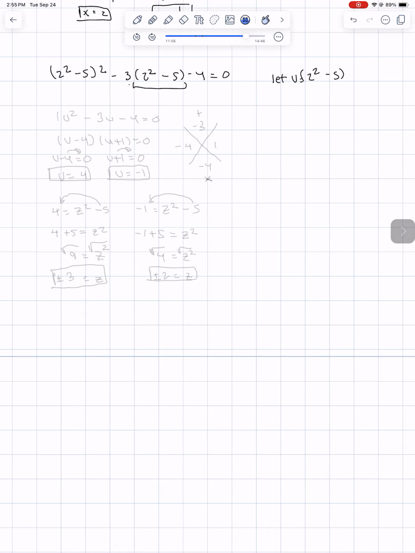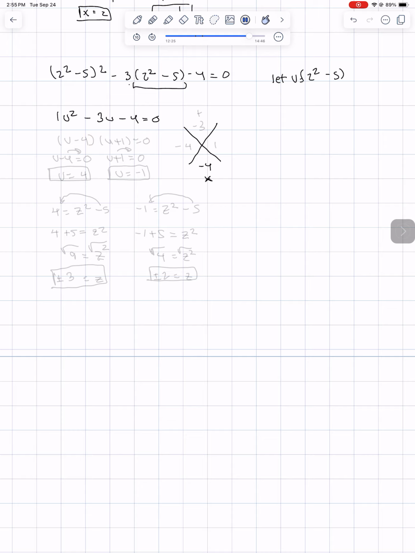Now I'm going to do my u substitution. So it'd be u squared. There's no variable in front here, so there's just going to be 1. Minus 3u minus 4 equals 0. Okay. So for this one, I can see that it's really easy to factor. So we're going to factor. I want a number that multiplies to -4 and a number that adds to -3.